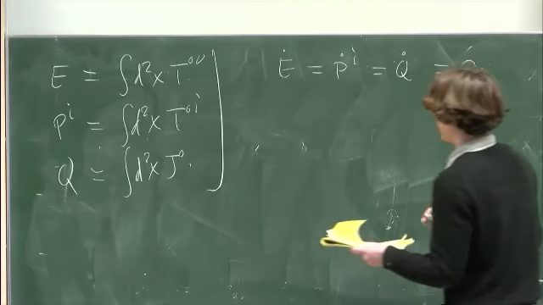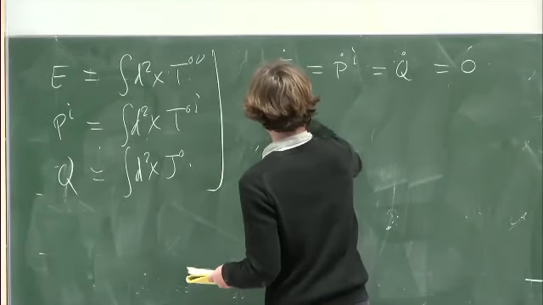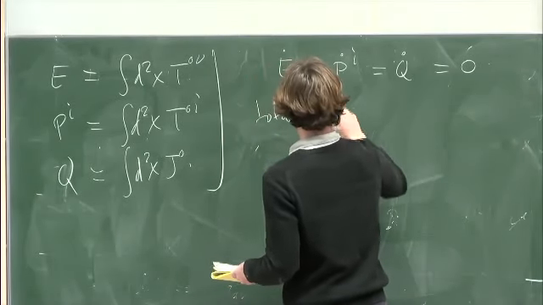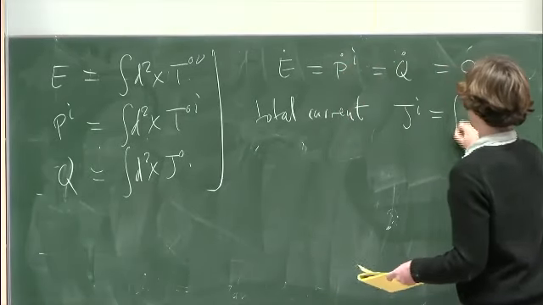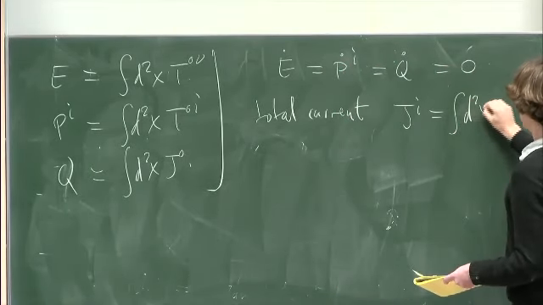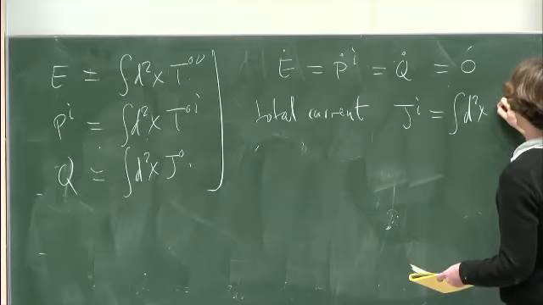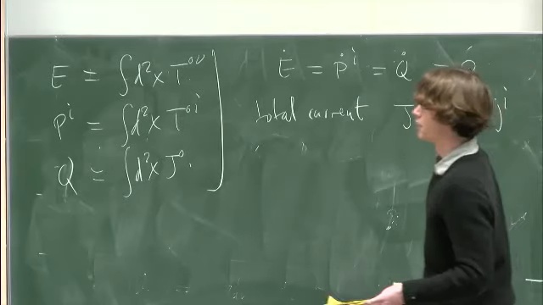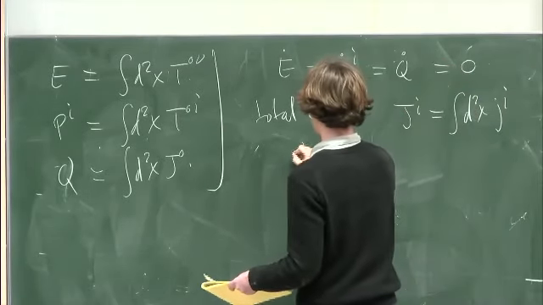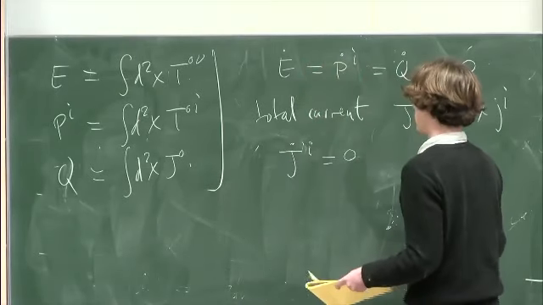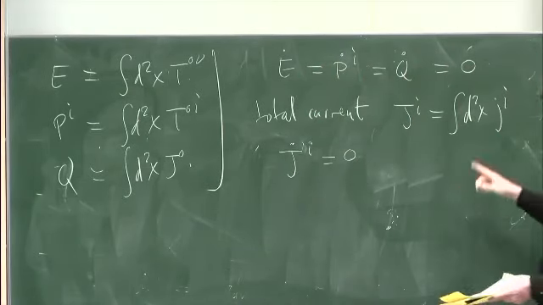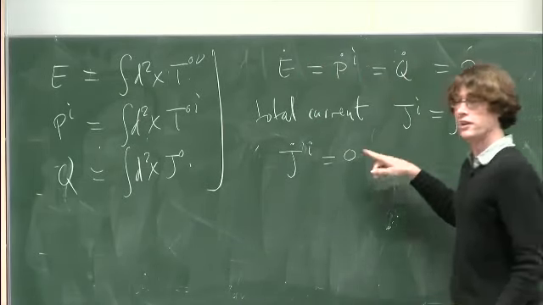Now note that the total current J^i, the integral d2x of little j^i, is not conserved. It does not satisfy J^i dot equals 0 identically as an operator equation, because it's not the time component.